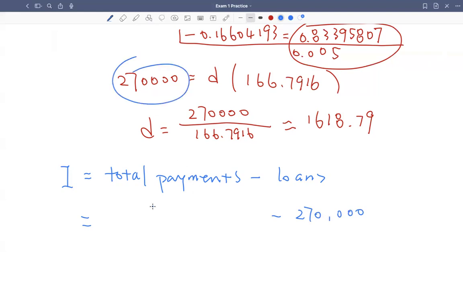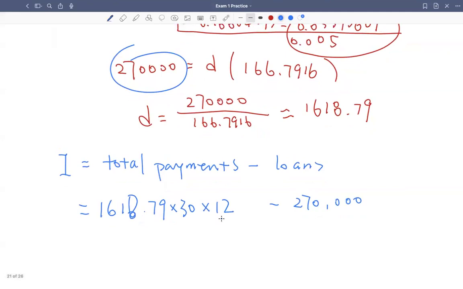Well, the total amount she paid is each month she has to pay $1,618.79 for how many months? For 30 years. Each year has 12 months. So we need to get this number. So let's put it into the calculator. 1618.79, then we multiply by 30 years.